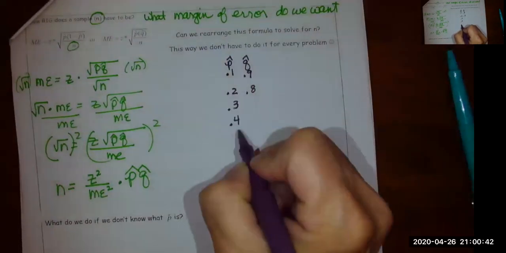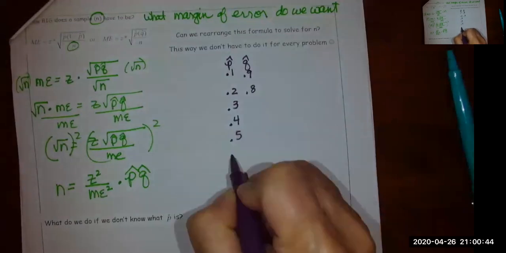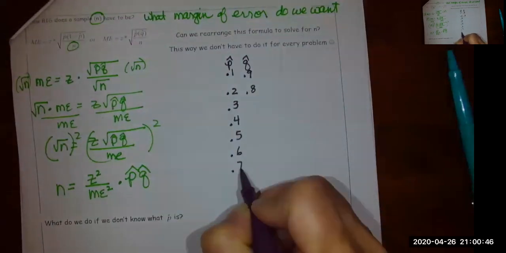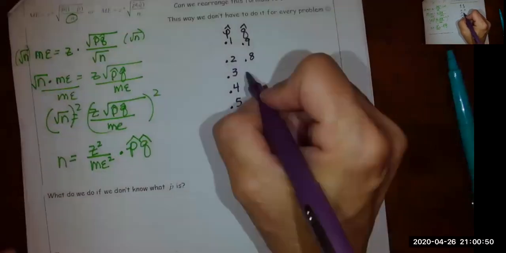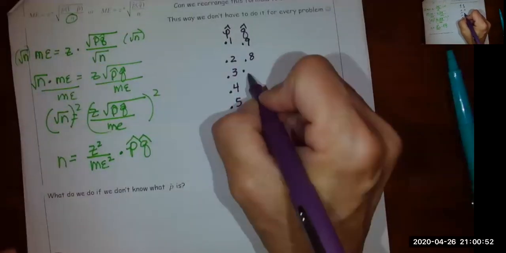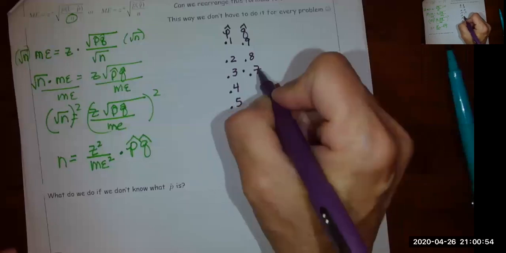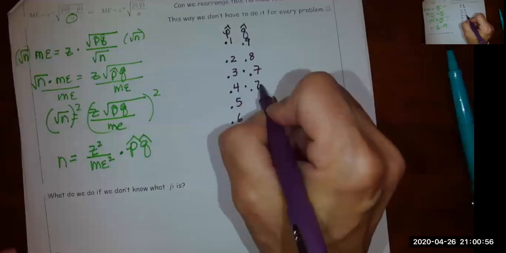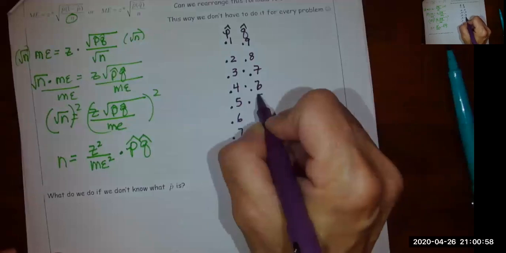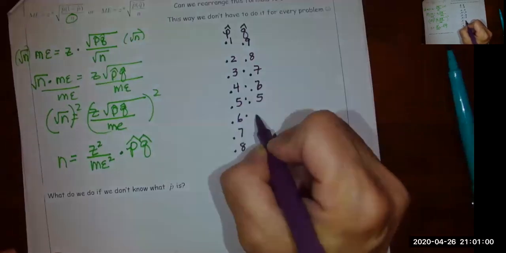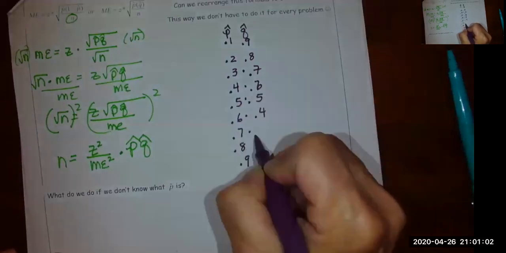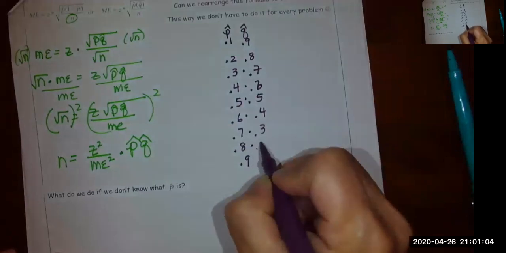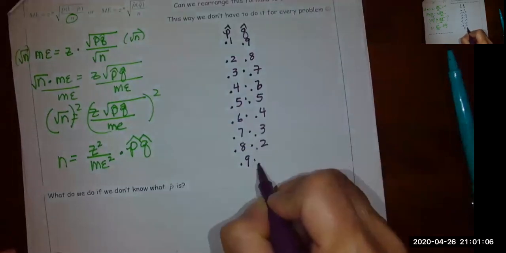We're only going to do this once, but I think it's important for me to show you why. Right? So 0.3 times 0.7, 0.6, 0.5 times 0.4, 0.3, 0.2, 0.1.